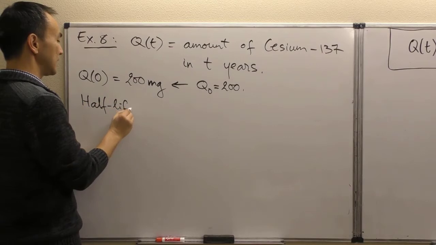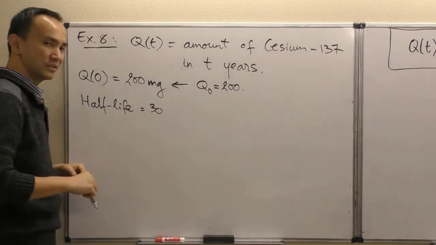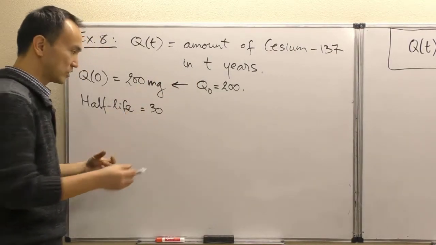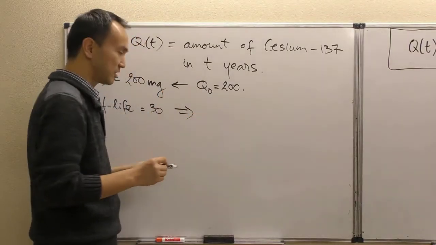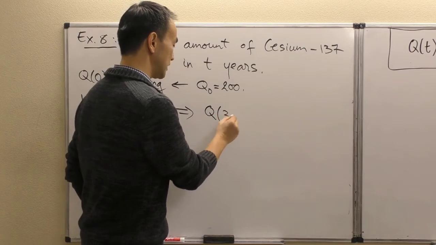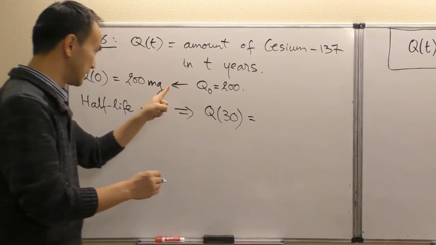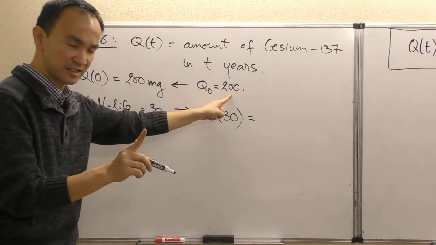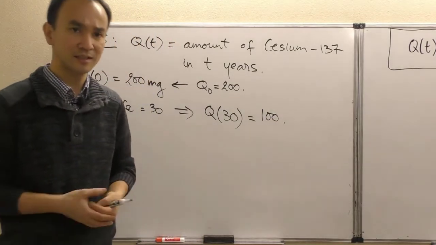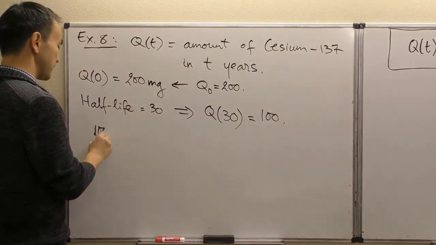So the half-life equals 30, because this is the amount of time it takes to get to half. That leads to this important information: when t equals 30, Q of 30 equals half of the original amount. The initial amount is here, and half of that is only 100. We already got that precious clue.